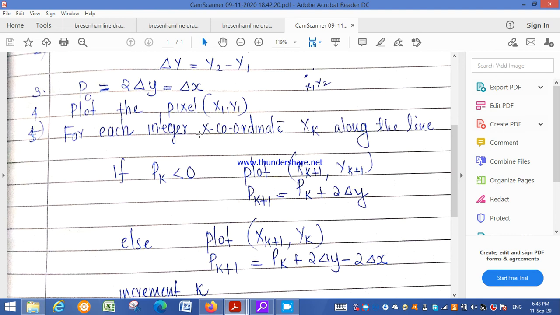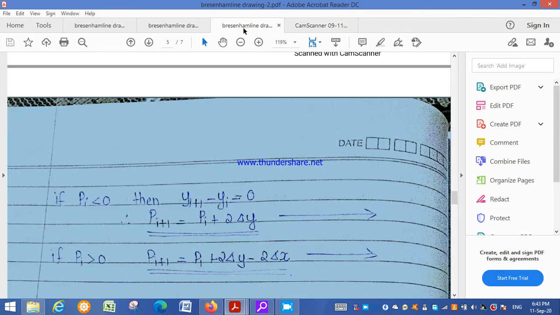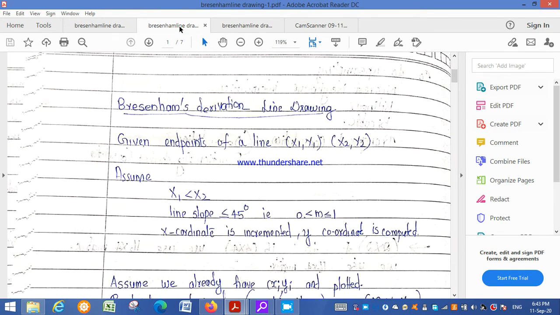Okay, this is the algorithm behind Bresenham's technique. So let me go to the derivation, how you get this decision parameter p0 and how you get the pk plus 1 equation. For that, next I go to the derivation of the Bresenham's line drawing algorithm.